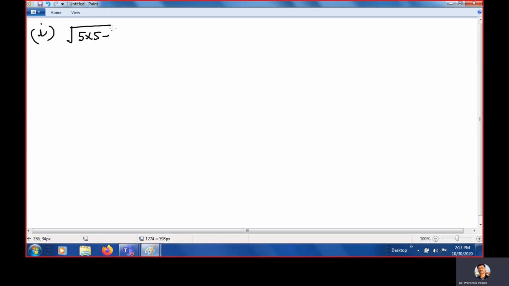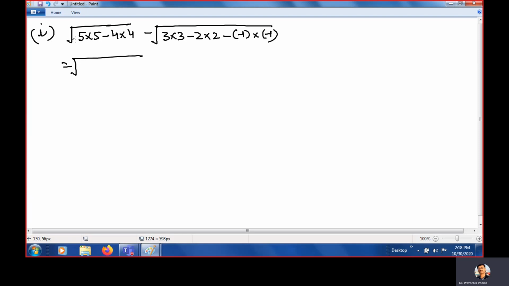5 times 5 minus 4 times 4, minus 3 times 3 minus 2 times 2, minus 1 times minus 1. Now, how will you solve it? It is very simple. Multiplication is simplified first. 5 times 5 is 25, minus 4 times 4 is 16.